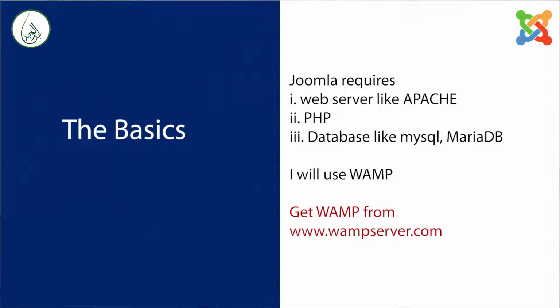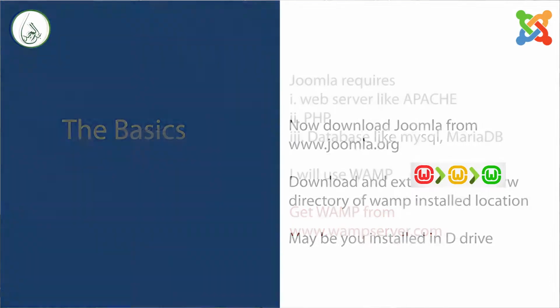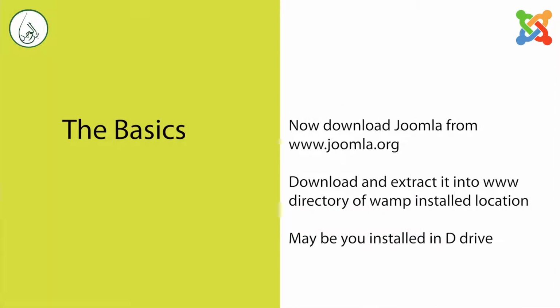So after installing the WAMP server, when you run this program, you will see the red, orange and green lights just beside the clock in the notification area on your computer. And after the green light is on, it tells you that all three services, Apache, PHP and MySQL, are running. So that was the first step.